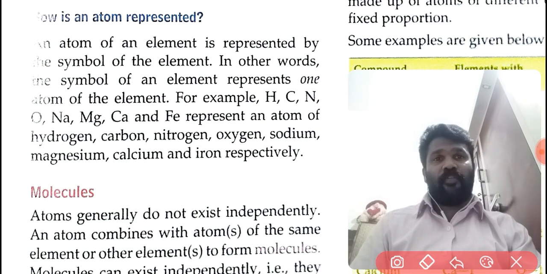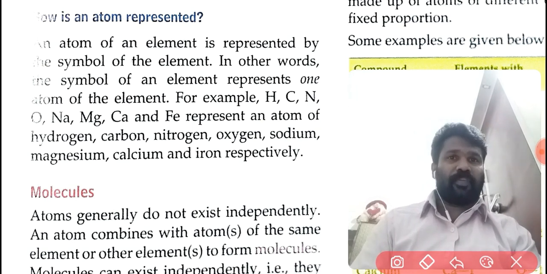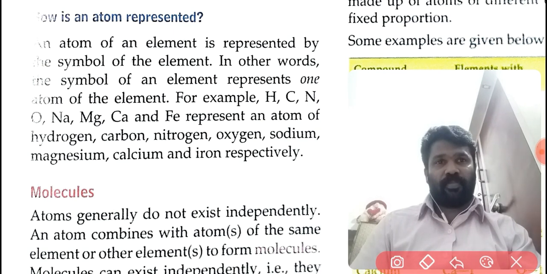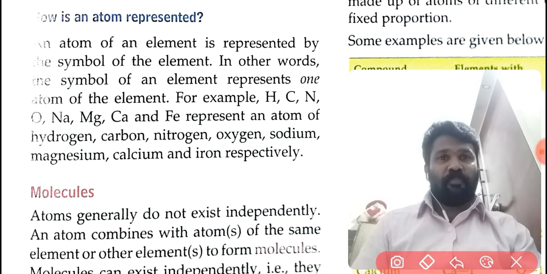An atom of an element is represented by the symbol of the element. In other words, the symbol of an element represents one atom of the element.